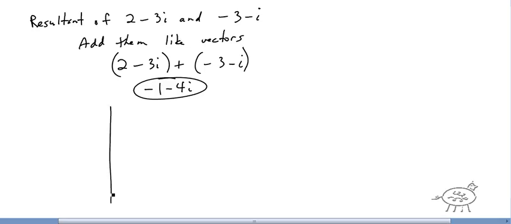If I make a quick sketch of that, we have 2 minus 3i. I'm going to change the color here so you can see a little bit easier. It's 2 and then minus 3i. So our vector is down here. Okay, and then negative 3 minus i is here.